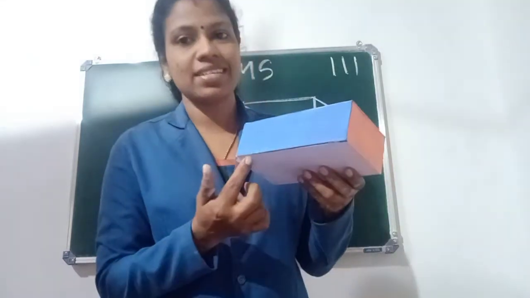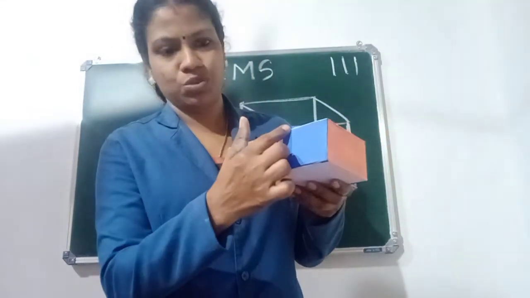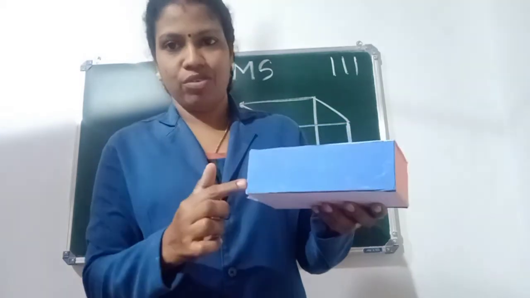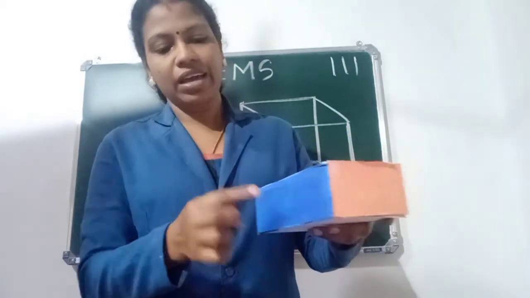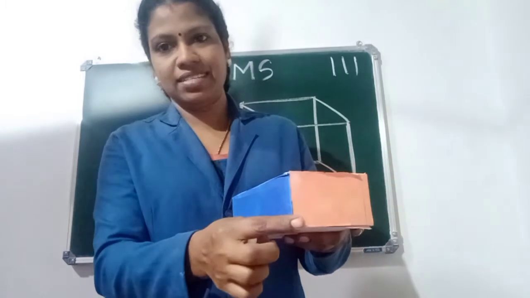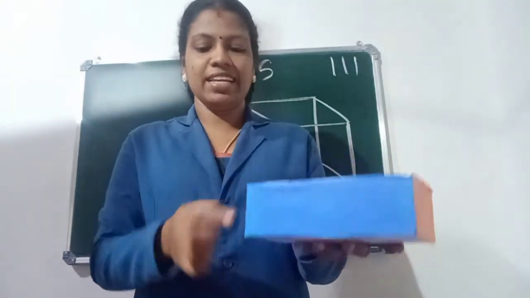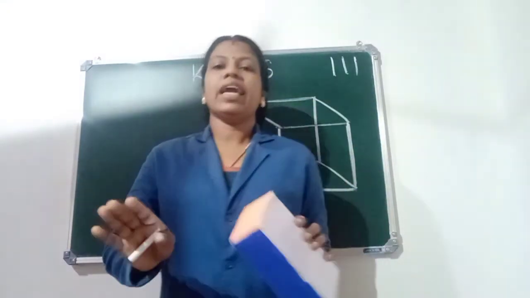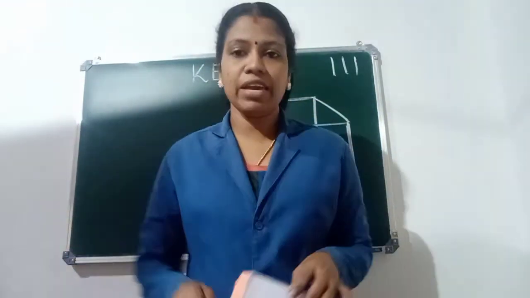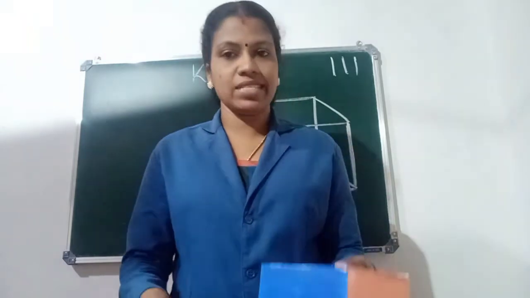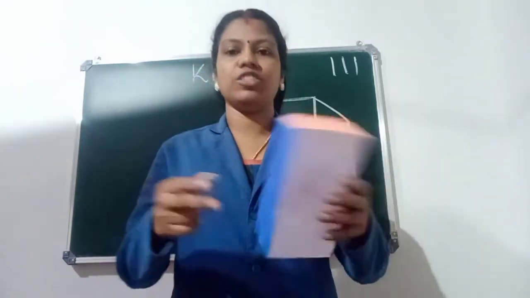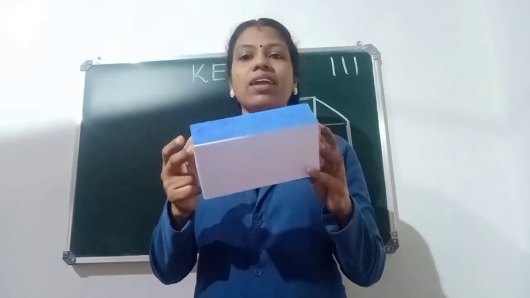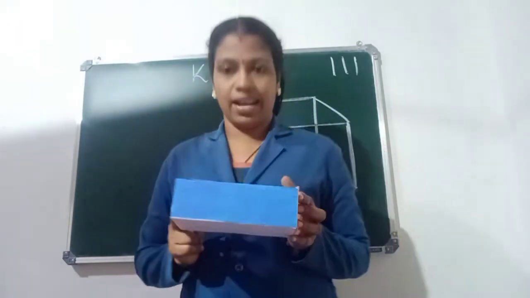And edges: 1, 2, 3, 4, then 5, 6, 7, 8, 9, 10, 11, 12. So total 12 edges. A cube and a cuboid have the same features: 6 faces, 8 corners and 12 edges. The only difference is each face of a cuboid is in the shape of a rectangle.